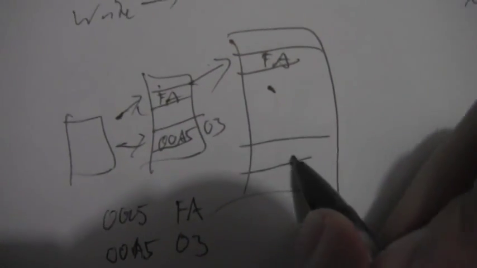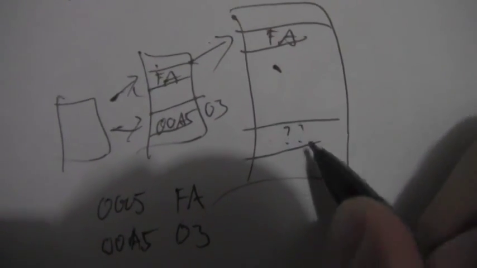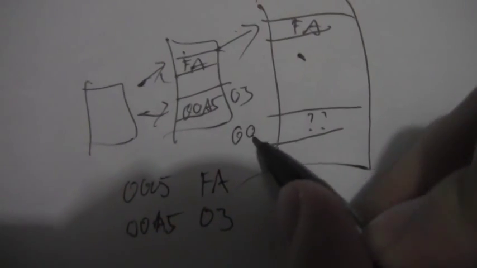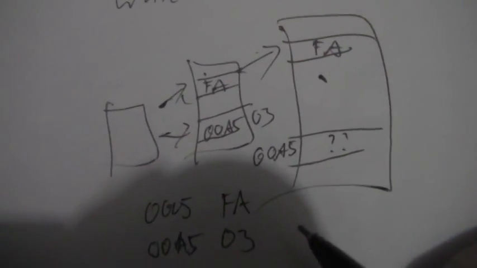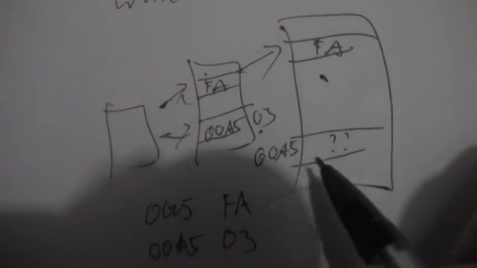If I were to say load 00A503, I would say, okay, let's say 00A5 is here. I say, okay, 03 is here, but this still contains whatever it contained before. Now, when there's nothing being done in the memory, only then will it write there.